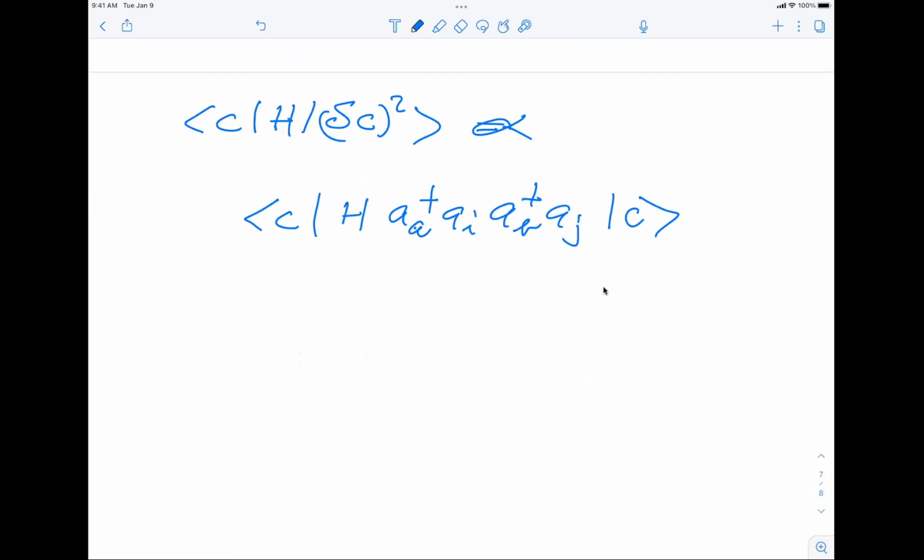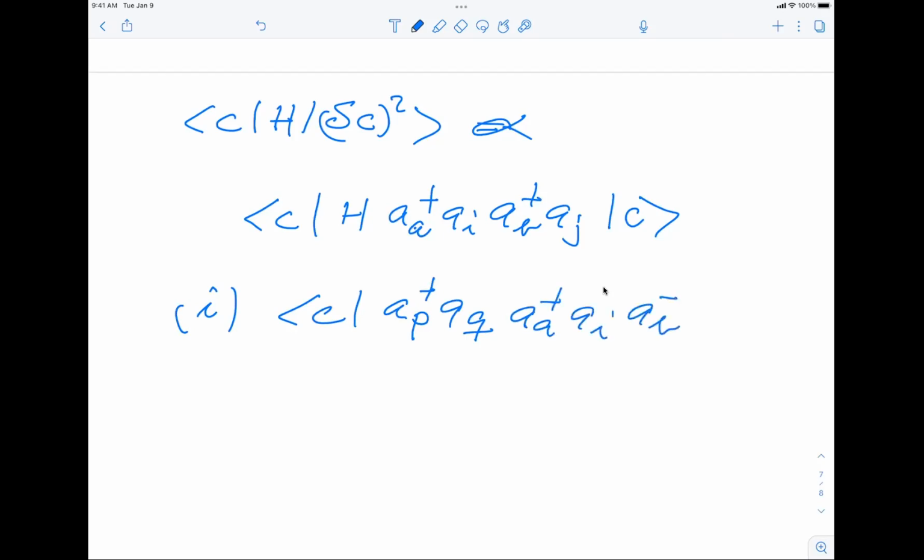But if we now run through that one, if we look at the one-body term, we are going to have a term which goes like C, and then an operator a†_P a_Q, and then a†_A a_I a†_B a_J here, like this. Now, in this specific case, we know that a contraction like this is possible.